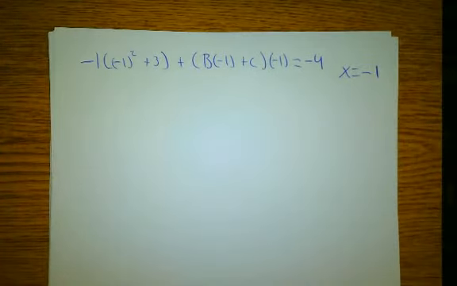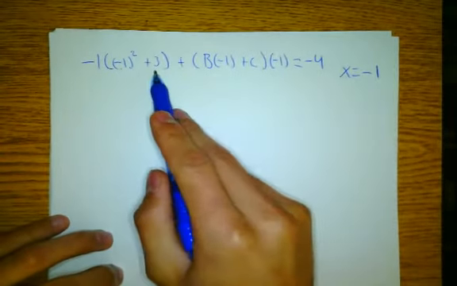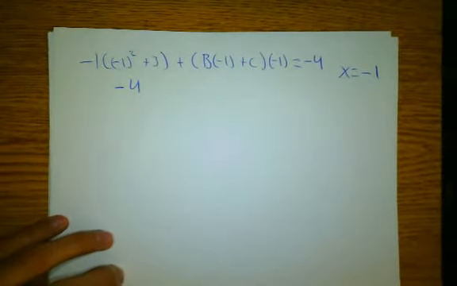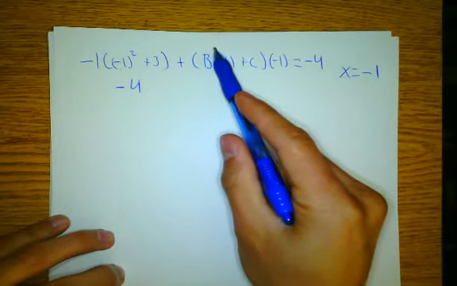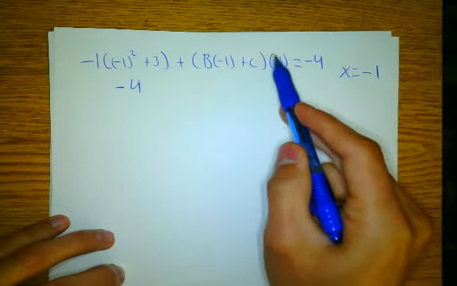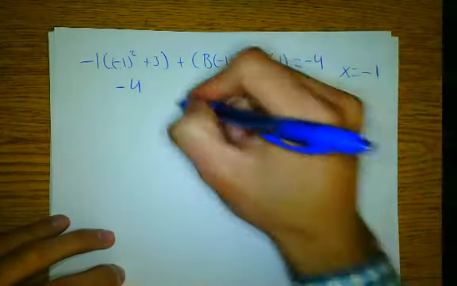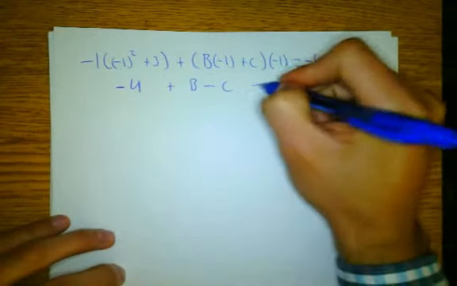We just got to simplify now. Negative 1 squared is 1, plus 3 is 4, times negative 1, negative 4. This becomes negative b plus c times negative 1. What would that do? Just switch the signs, right? So plus b minus c equals negative 4.